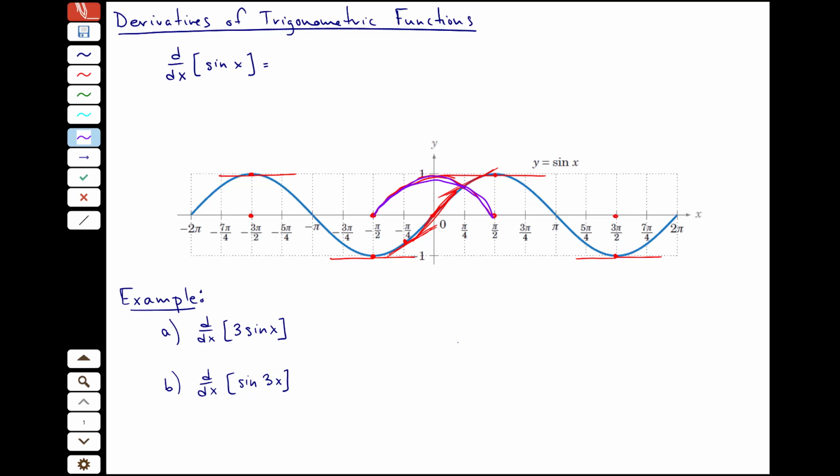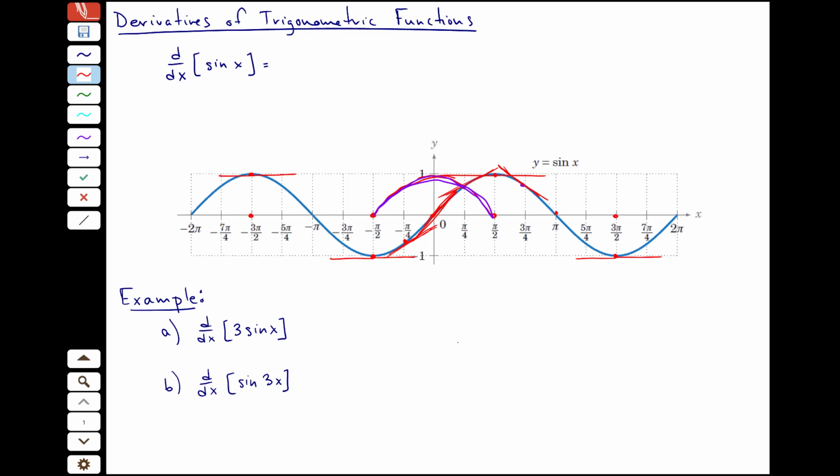The graph of the derivative looks like it might be something like this. Now if I look, for example, between pi over 2 and 3 pi over 2, I have negatively sloped tangent lines. As we start to move from pi over 2 to the right, I have tangent lines with a relatively small slope, and then they get steeper.